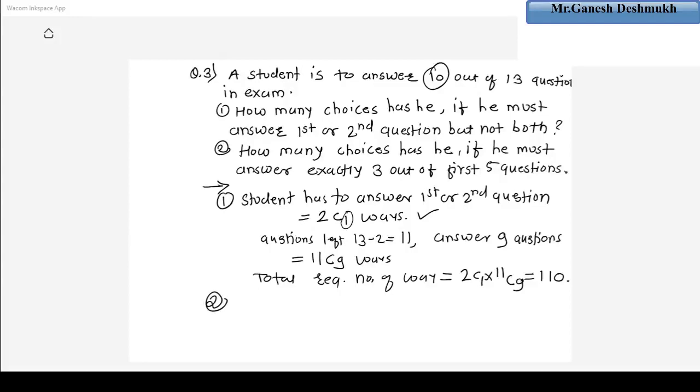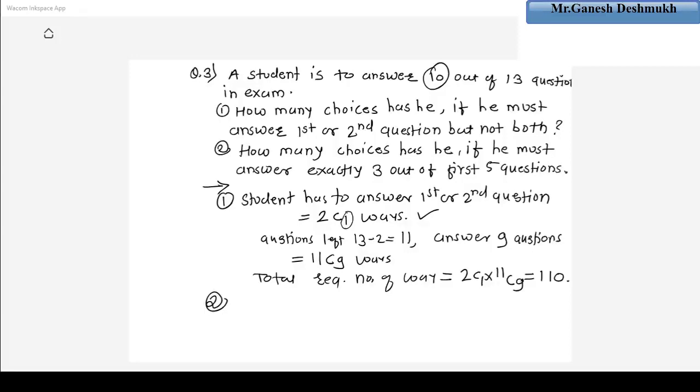Let us move to the second part. It asks how many choices he has if he must answer exactly 3 out of the first 5 questions. But remember, the student always has to answer 10 questions. So 3 questions are to be answered out of the first 5.